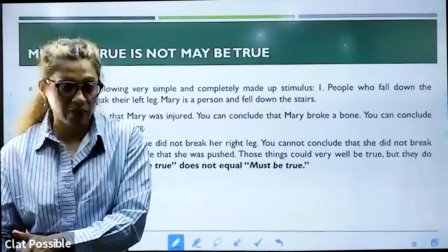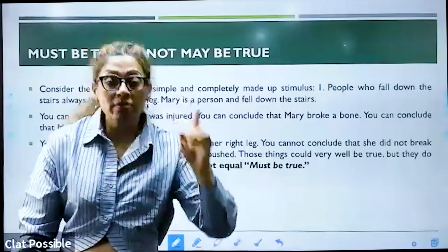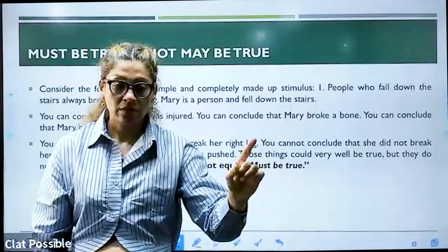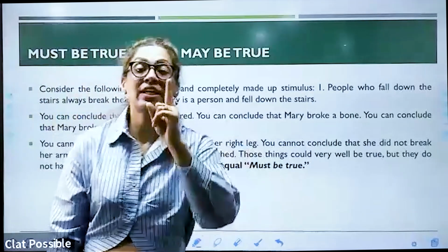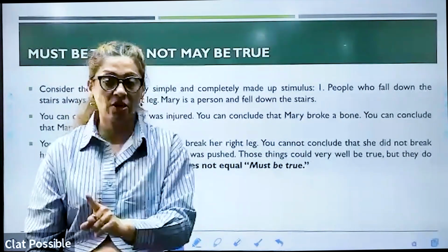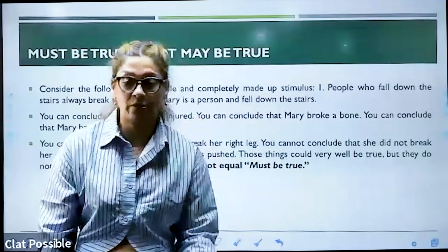It may be the only reason. But what have I written here? Maybe is not must be. So if the author describes one possibility, it does not mean it is the only possibility. Maybe it's the only possibility, but maybe does not mean must be.